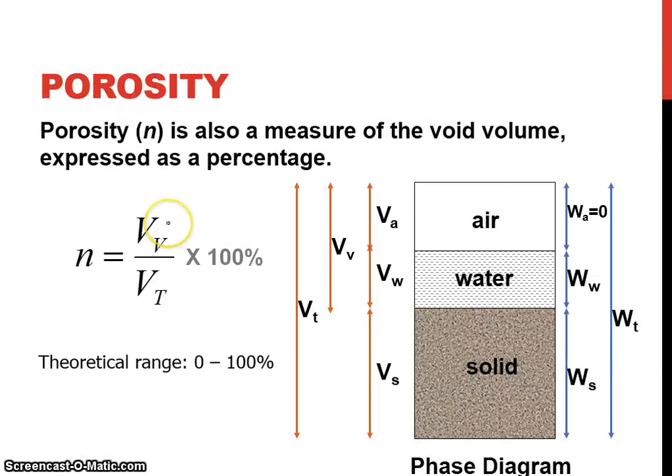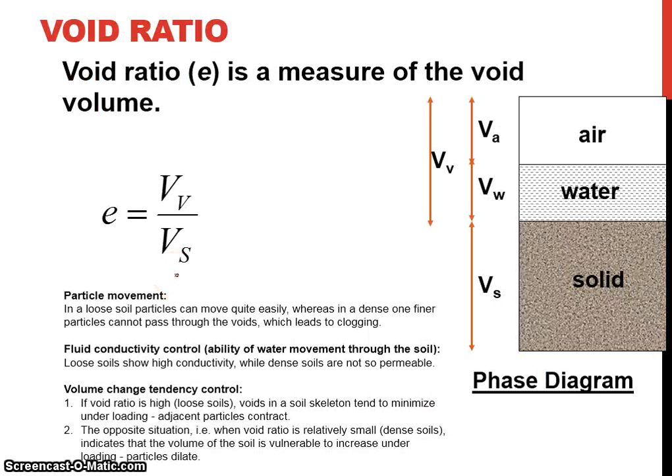And for the porosity, it is how much the volume of voids compared to the volume of total. Sometimes they are addressed in percentage, but usually they are addressed in decimal. And e is not limited to 1. It can go up to 3.5, 4, depending on the soil condition.